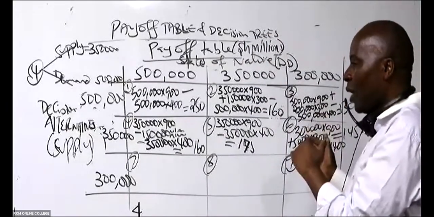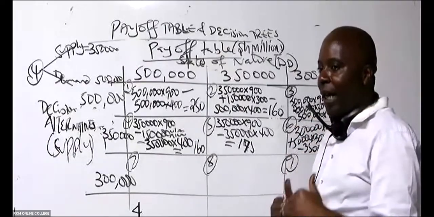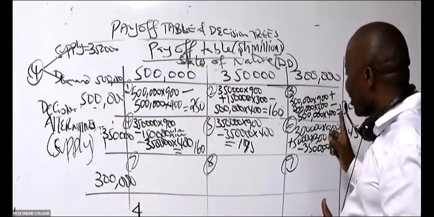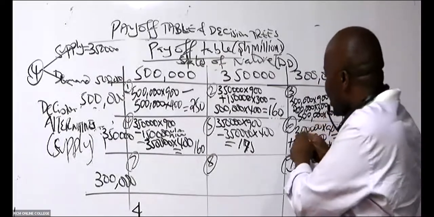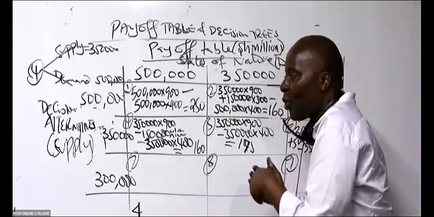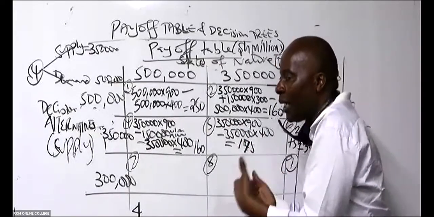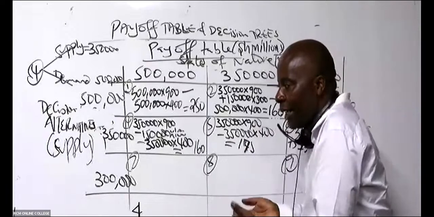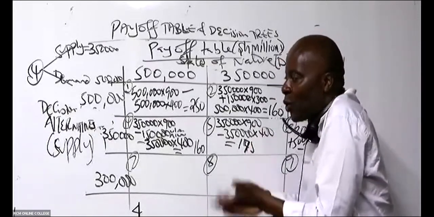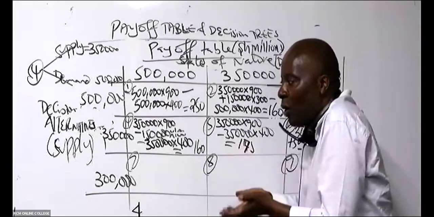So this 300,000 we are selling within the year at a better price at 900. But having done that, we can see in this case here the total supply is 350,000. So we were not able to sell some umbrellas within the year, and they were 50,000. So we perished with these extra ones. When you perish with them, you sell them at a lower price.